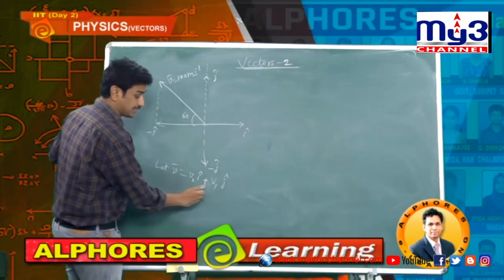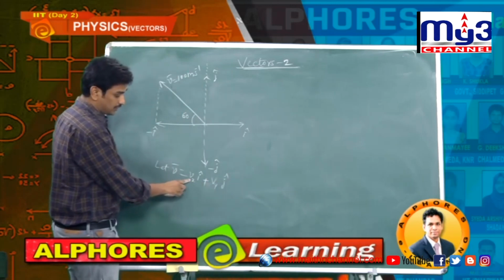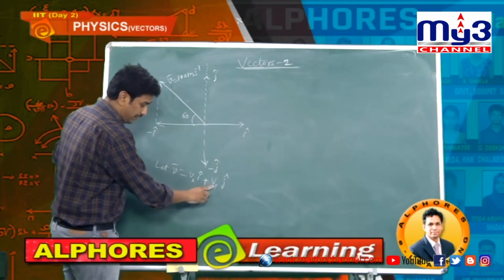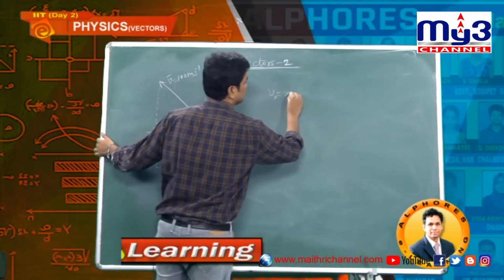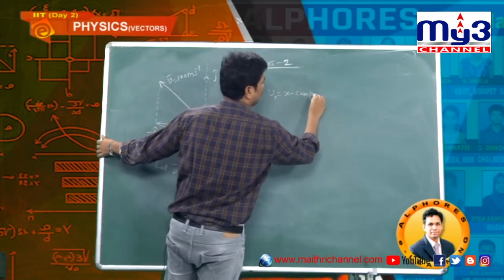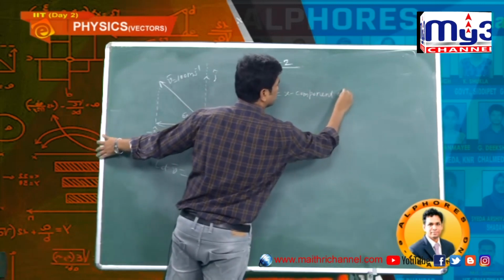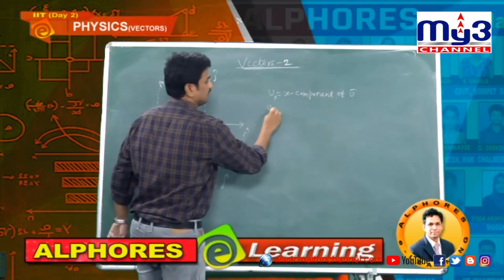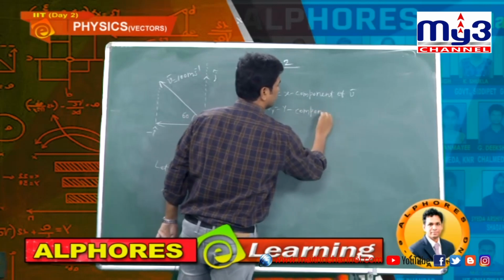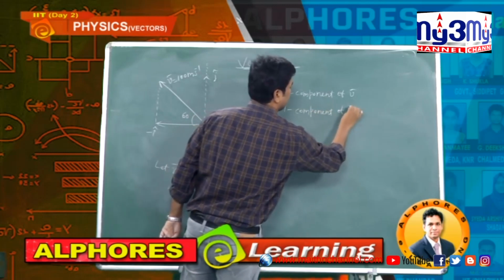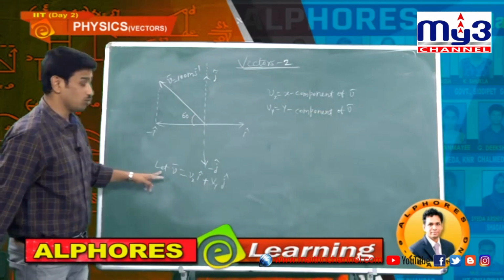Now I don't know Vx and Vy. Vx is the x component of V bar, and Vy is the y component of V bar. I don't know these 2 values.